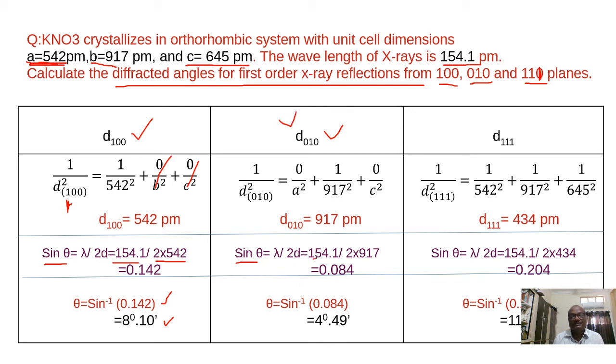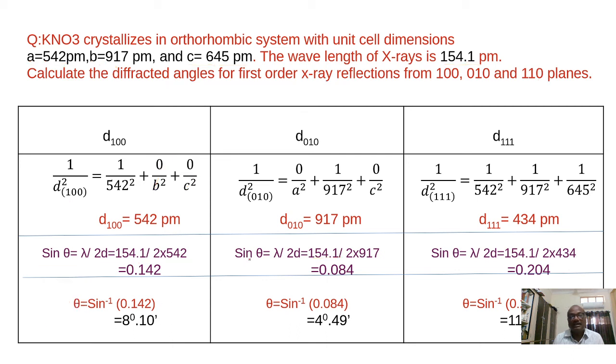Lambda is 154.1 by 2 into D, where D is the interplanar distance, 917 picometers. We got 0.084. So sin theta is 0.084. What is theta? Sin inverse 0.084. We got 4 degrees 49 minutes. This is the angle of incidence from the D010 plane.